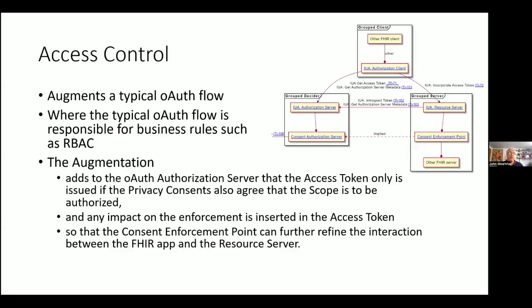So we now have to do access control. And this is the diagram on the right-hand side that I showed you before. Predominantly, it is made up of the classic OAuth triplet, except that it has this additional consent authorization server, which is utilizing the consents. They're coming in from the left-hand side there to help with making the access control decision.